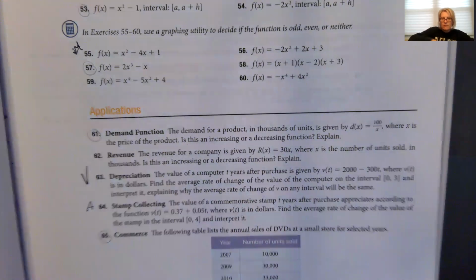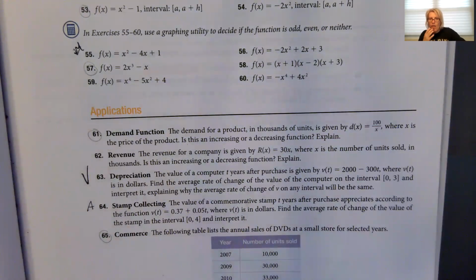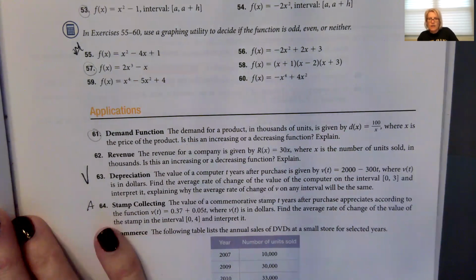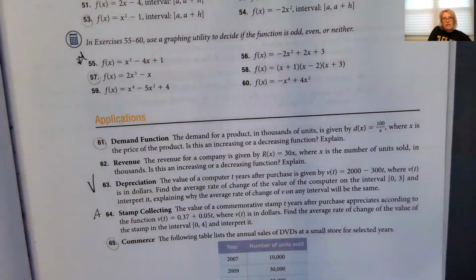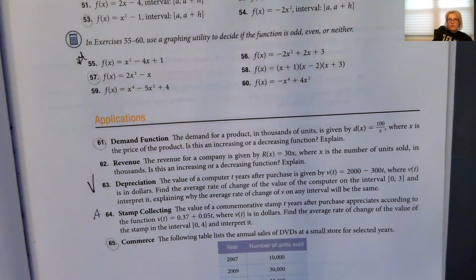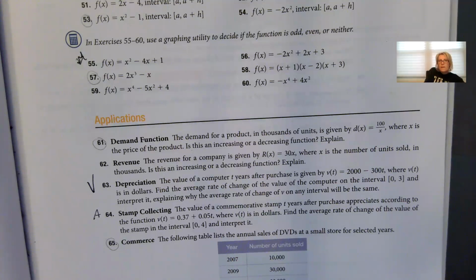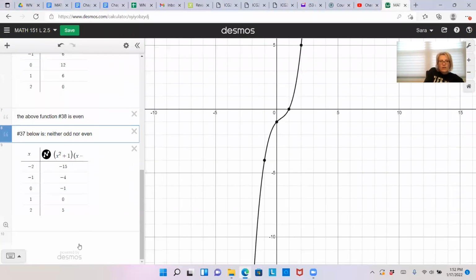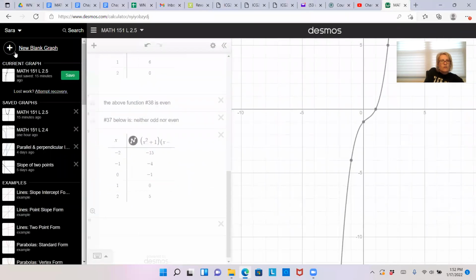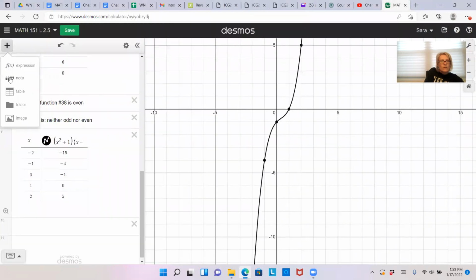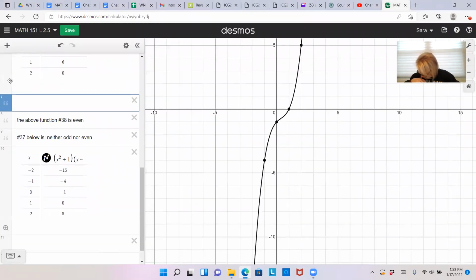Okay. So let's look at this in Desmos. So we are going to, this is number 60.